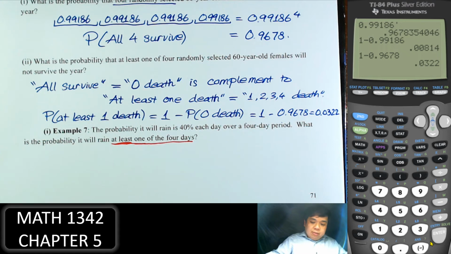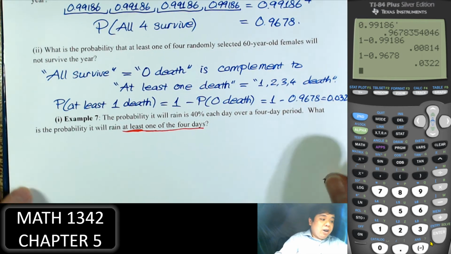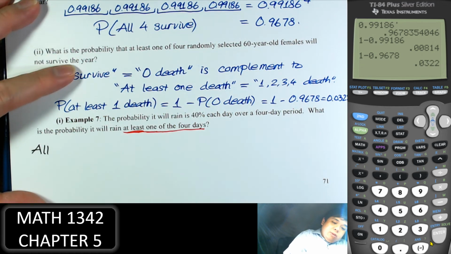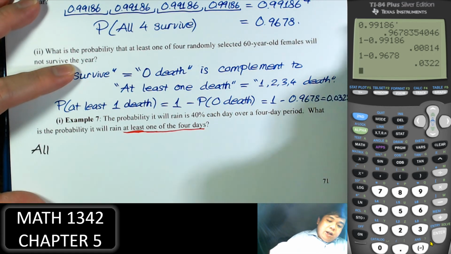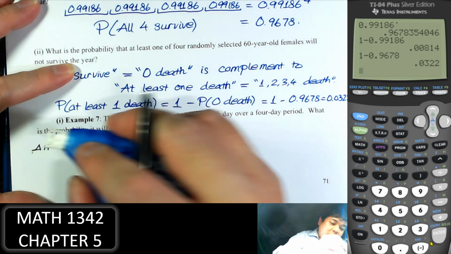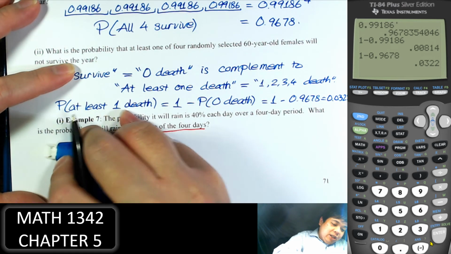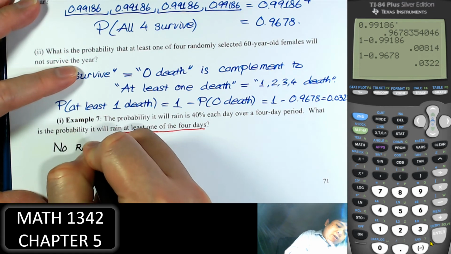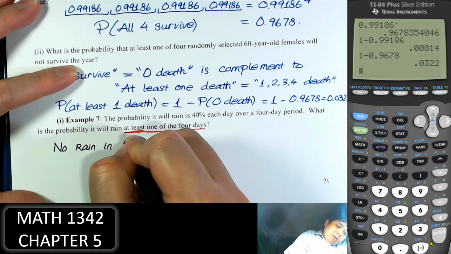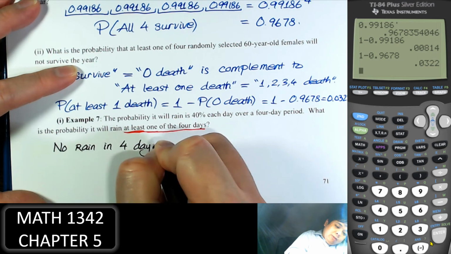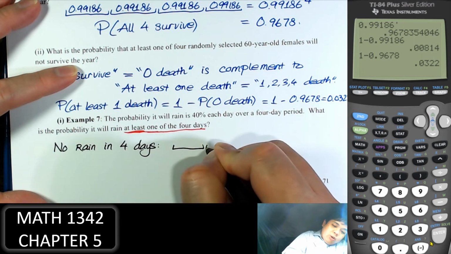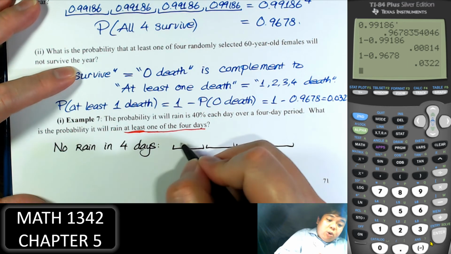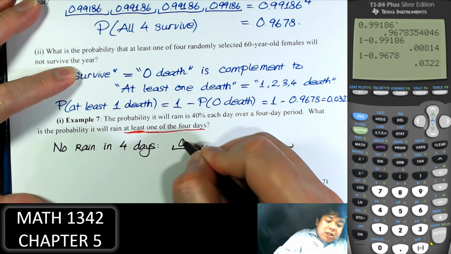So first we have to find the complement. If we want at least 1 day raining, the complement would be no rain in 4 days. There will be 4 slots, and if the probability of raining is 40%, not raining will be 60%.